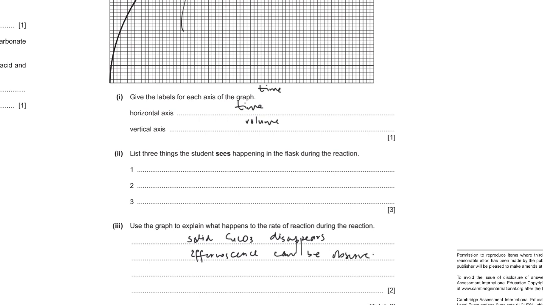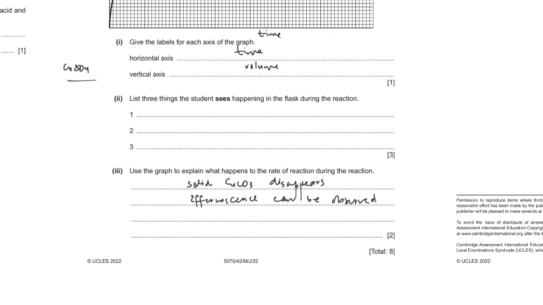And since copper carbonate is reacting with sulfuric acid, copper sulfate is being formed, and copper sulfate is blue in color. So you will also write that the solution turns blue.